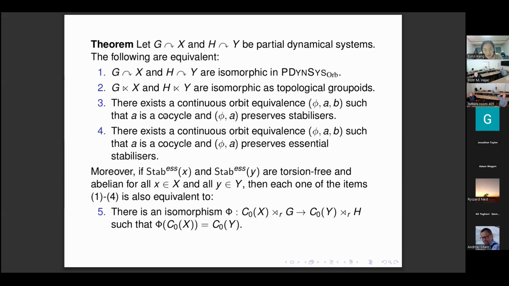Moreover, if the essential stabilizer groups are torsion-free and abelian for X and Y, then this is also equivalent to there being an isomorphism between the cross products that is diagonal preserving.